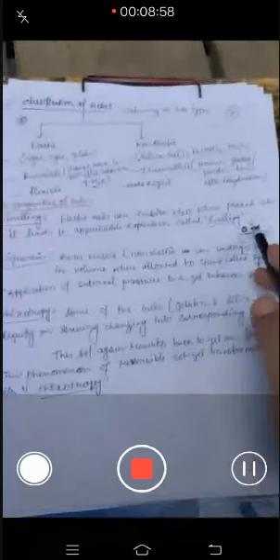Syneresis means both elastic and non-elastic gels can undergo shrinkage in volume when allowed to stand. That means when you keep it for some time, there will be expulsion of solvent and they shrink. The opposite of swelling is syneresis. And thixotropy: some gels like gelatin and silica gel liquefy on shaking, changing into the corresponding sol, which I've already mentioned.